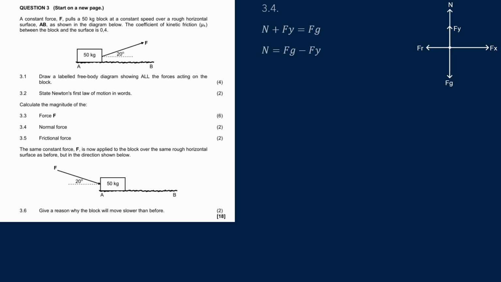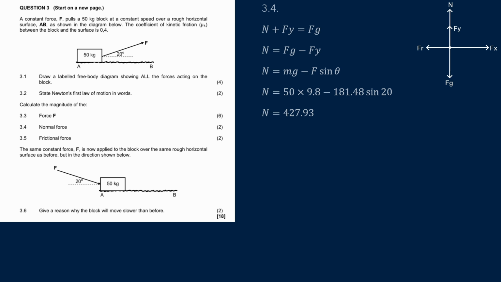And substituting in the formulas, I get N is equal to Mg minus F sine of theta. And substituting in the values, I get N is equal to 50 times 9.8 minus 181.48 sine of 20. That will give me an N value of 427.93 newtons. 3.5. Calculate the magnitude of the frictional force.